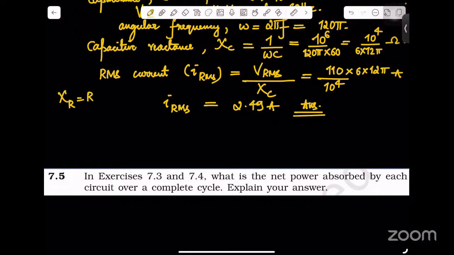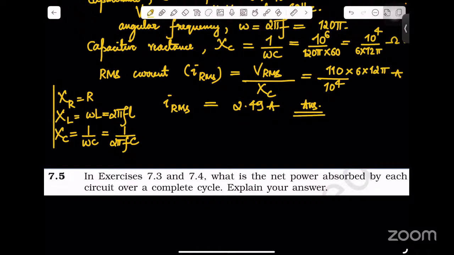The reactance for an inductor is omega times L, or 2 pi f times L, and the reactance of a capacitor is 1 upon omega C, which is 1 upon 2 pi f into C. So this is a list of formulas you need to know.